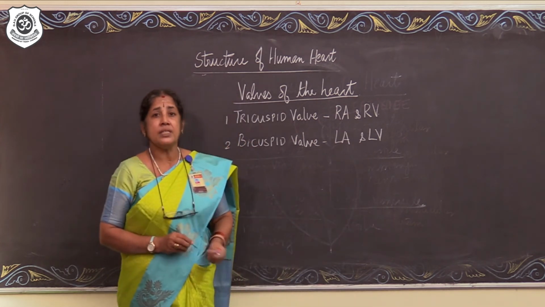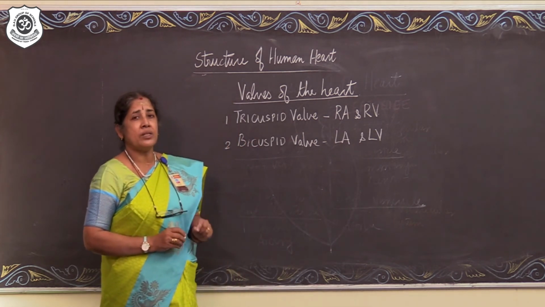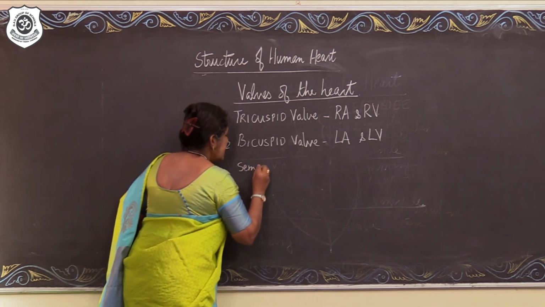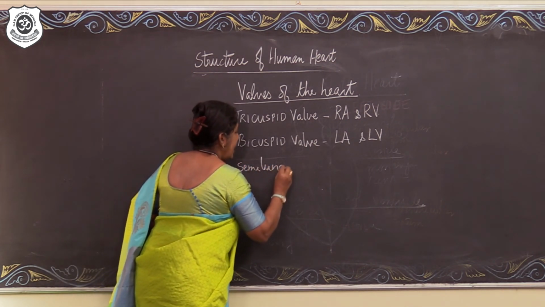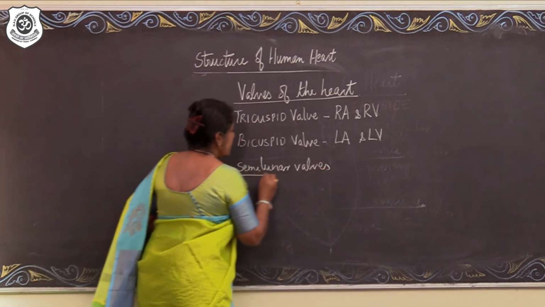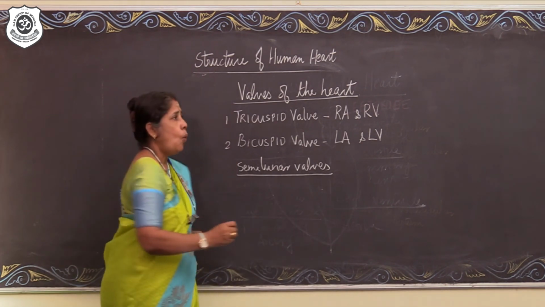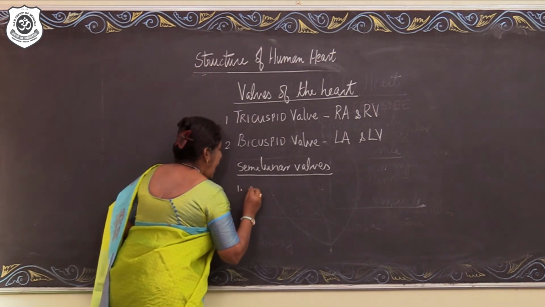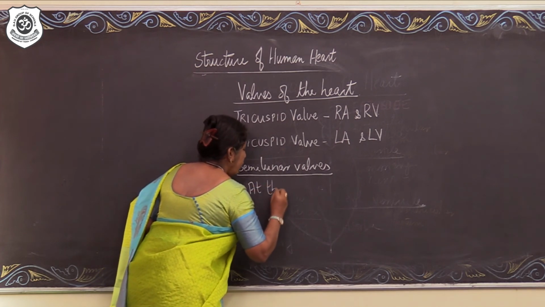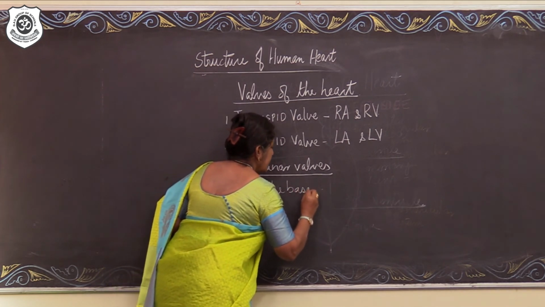Now, apart from this, there are 2 more valves that are present in the heart, which are commonly referred to as the semilunar valves. The semilunar valves are 2 in number. One is at the base of the pulmonary artery.